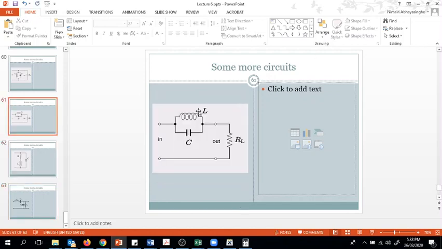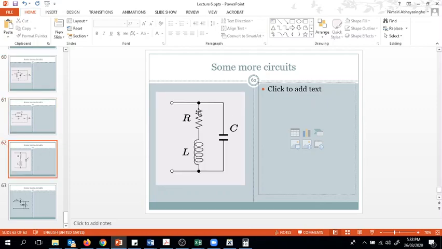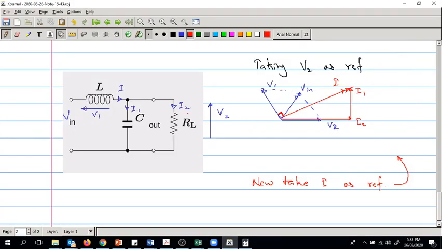I'll switch the screens, that would be easier. In the circuit here we had a parallel circuit at the far end, so we had to tackle the parallel circuit first and then the series part.